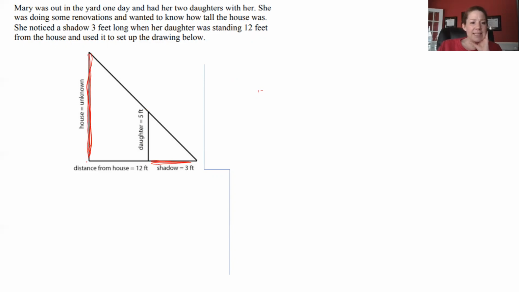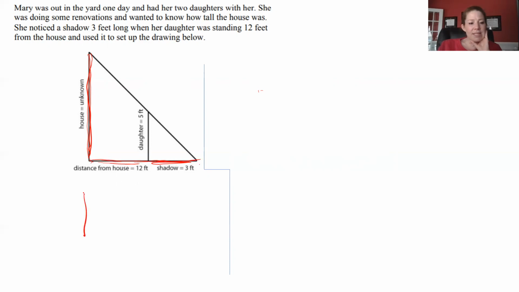We don't know how tall the house is, but we know that its shadow is 12 feet. This area is 12 feet, but then the entire shadow is 12 plus 3, which is 15 feet. So from here all the way to here is 15 feet.